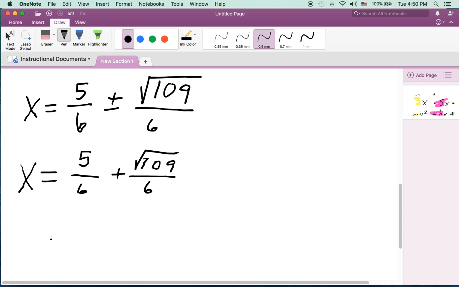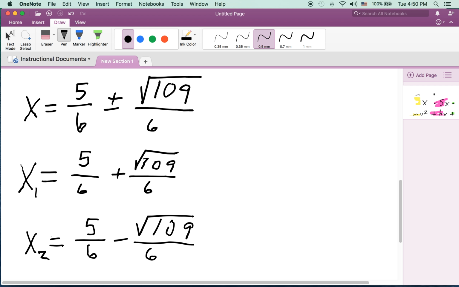And we can use a subscript to denote the two roots. Okay, so these are both solutions.